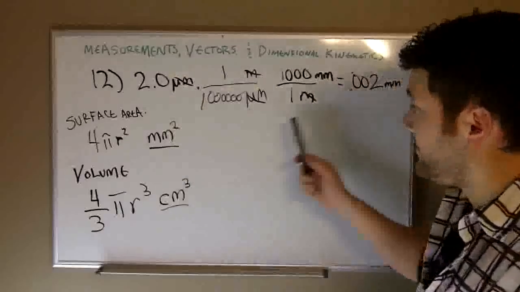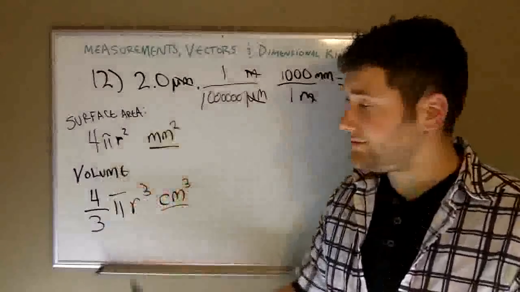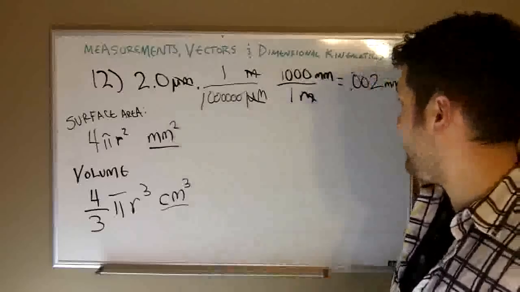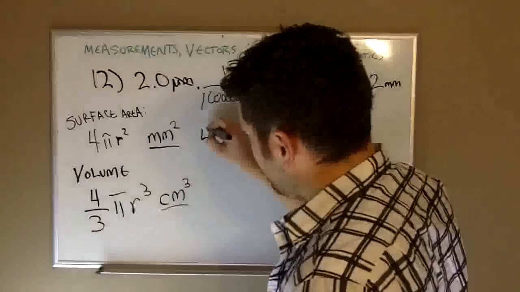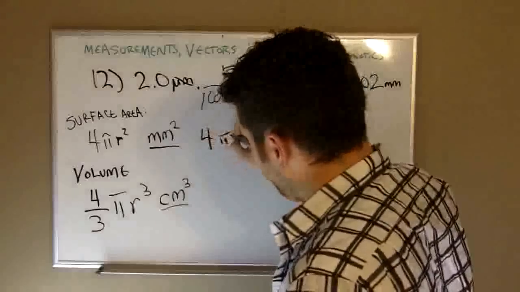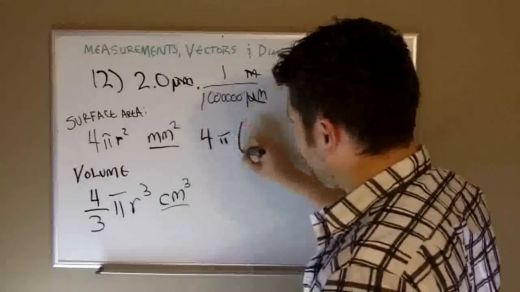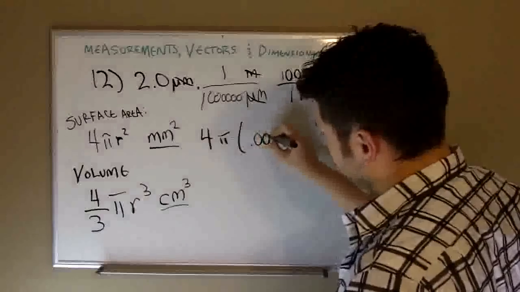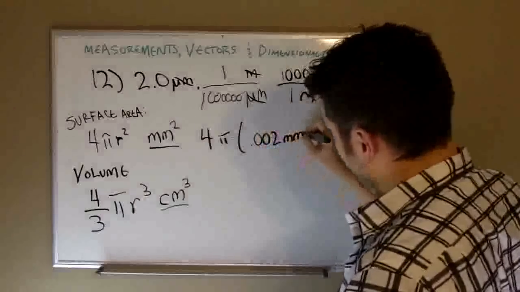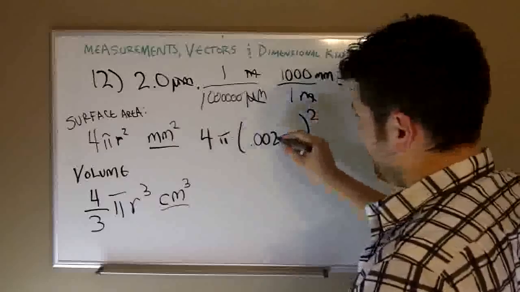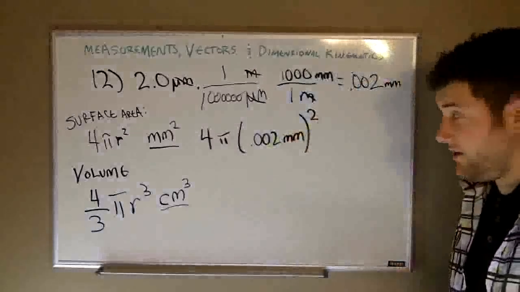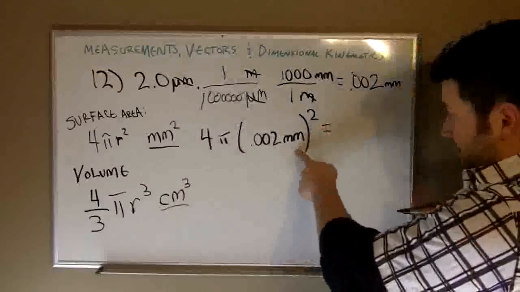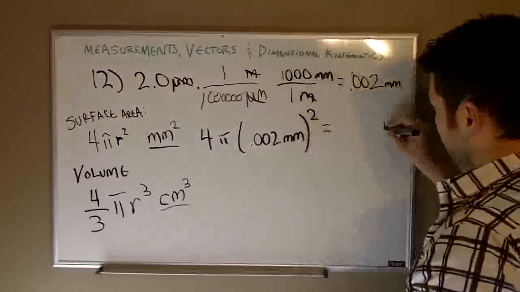So now we can use this millimeters value for our r, and we will end up getting millimeters squared, which is what we want. So it's going to be 4 times pi times 0.002 millimeters, and this is all going to be squared, because this is just our radius in millimeters, and that's going to give us our answer. And again, the millimeters unit is squared as well, so we do get millimeters squared.